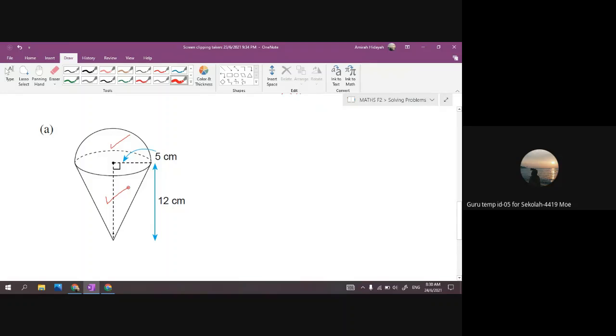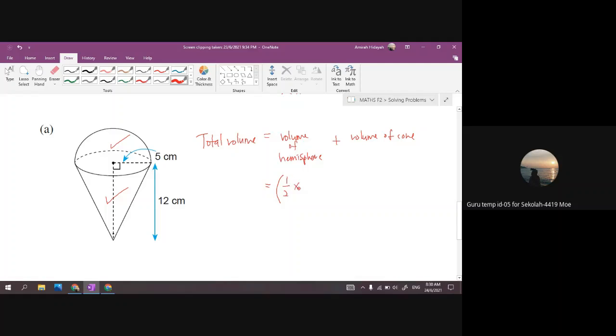Okay, so untuk this one, first tulislah dulu formula dia kan. So total volume equal to volume of hemisphere plus volume of cone. So volume of hemisphere, what is the formula for volume of hemisphere? It is half of the sphere, right?